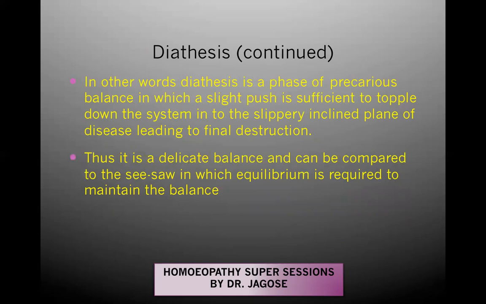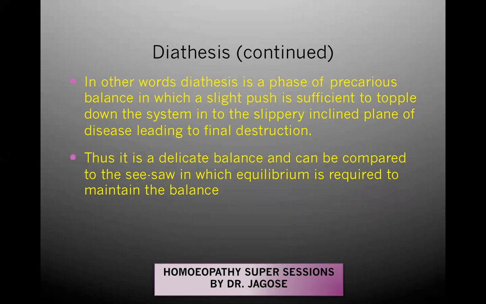So it is a very delicate balance. It will depend upon the environmental factors as well as the miasmatic factors, and whatever is stronger will topple the system into the final destruction or the disease condition.